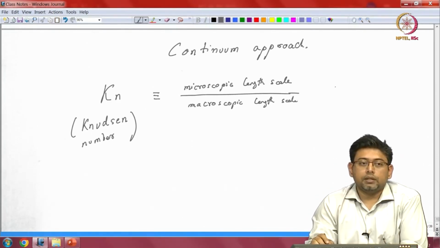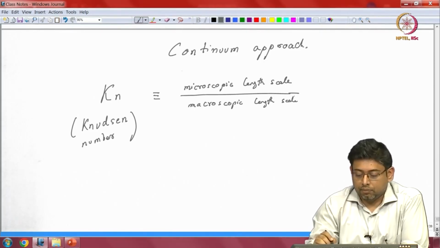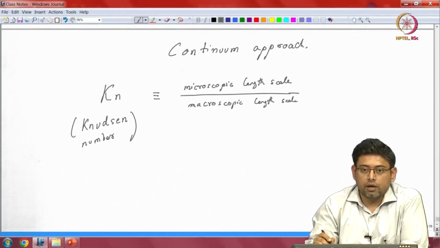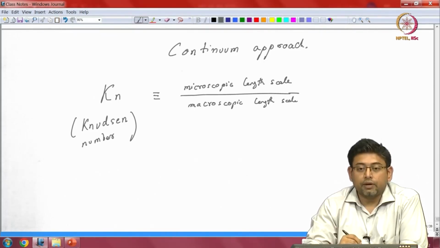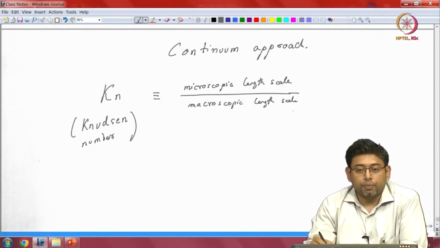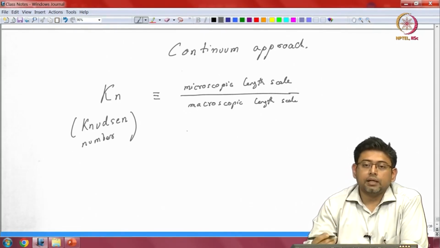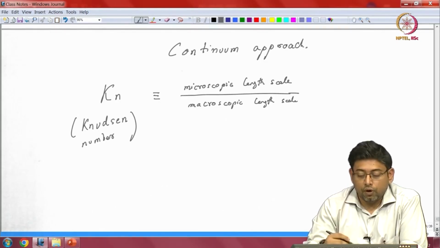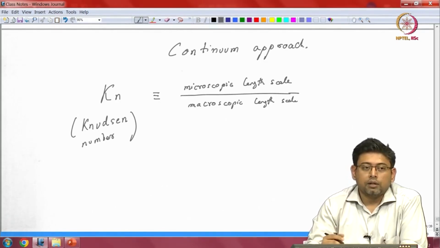Now, the microscopic length scale typically is the mean free path between molecules as they collide with each other, because that gives us an idea of how much free space is there in a fluid. Whereas the macroscopic length scale is the length scale that is associated with the flow. So if you have flow over, let's say, a ball, the diameter of the ball is the macroscopic length scale.